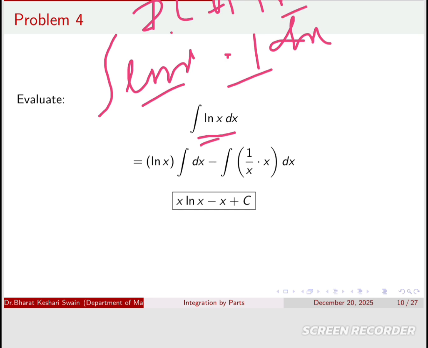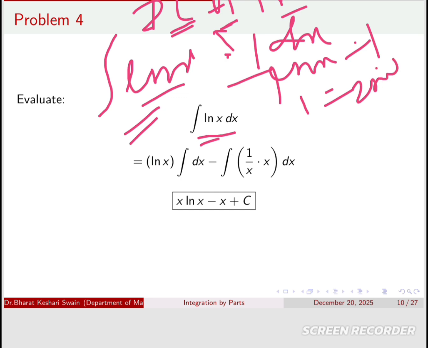First logarithm, then algebraic. This is the logarithmic function, this is the algebraic function. So ln x is your first function, and 1 is your second function.